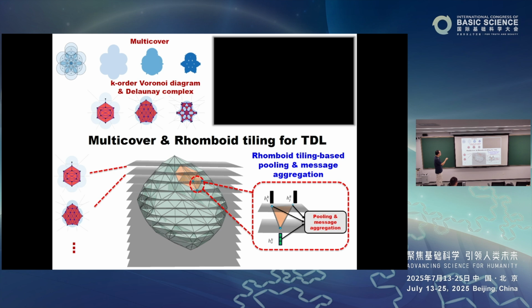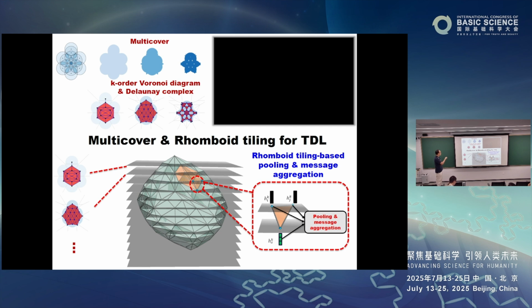Here are the regions that are formed by at least two balls, right? Because you see this region is the overlapping between this ball and this ball, and so on and so forth. So this, what we call the two-cover, is the region formed by at least two balls. Similarly, you can have a three-cover, four-cover, and so on. And when you have these covers, further, what you can do is design this k-order Delaunay diagram, and then you can get the k-order Delaunay complex.